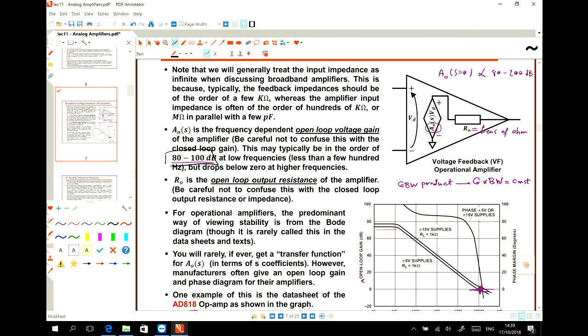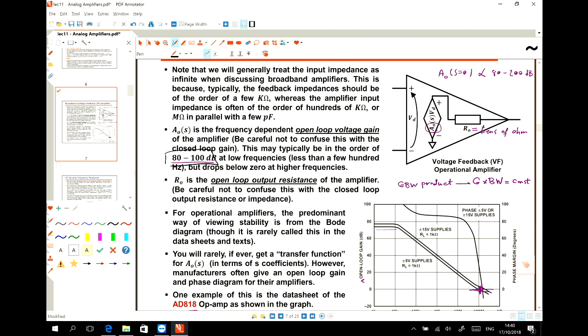I believe it's less than 10 megahertz, because when we are reaching the constraint, which is the gain bandwidth, the product gain bandwidth drops. Another value is the output impedance or output resistance, which is in the order of tens of ohms. For example, 50 ohm, 10 ohm, 20 ohm, something like that.